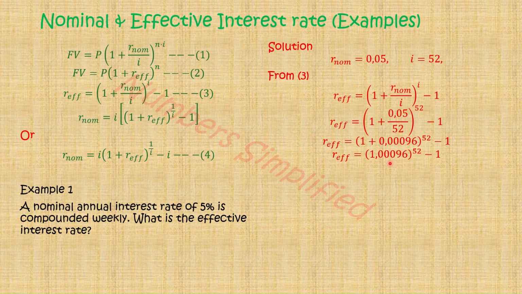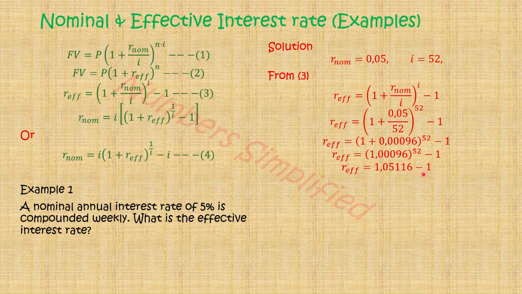Right, so with that, we are going to add what we have inside the pair of brackets or parentheses so that we have the effective interest rate being 1.00096 raised to the power 52 minus 1. Then the next step, of course, would be to compute what this is. So computing that raised to the power 52, we are going to get 1.05116 minus 1.